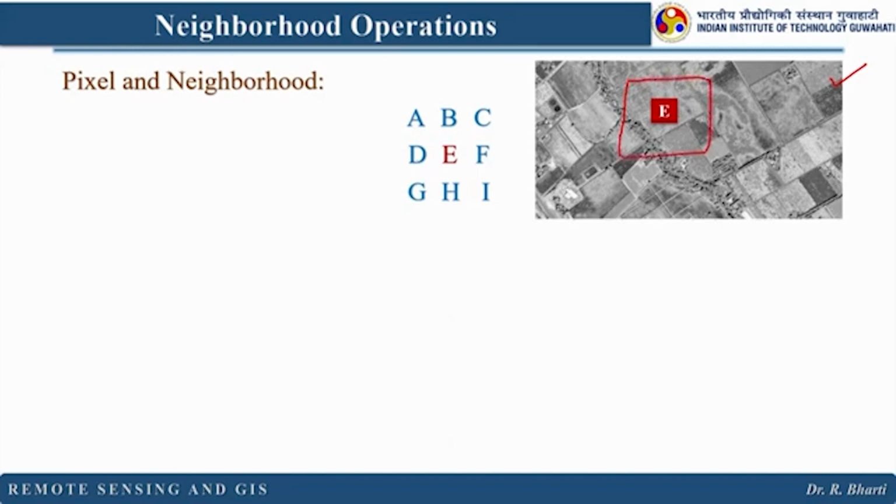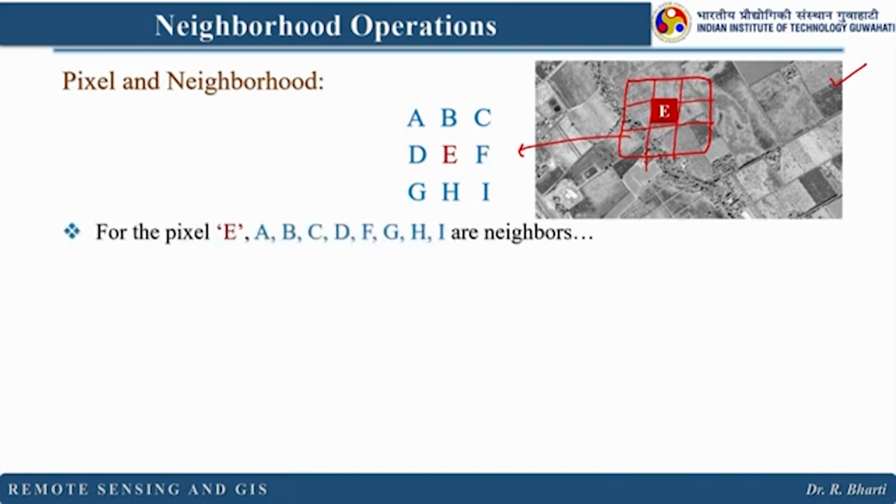Window means this is the extracted value of this particular area. So here you will have this kind of thing, and this is represented here, and the center pixel is E. Now we have to run this neighborhood operation on the pixel E. Let us understand how we can do this.